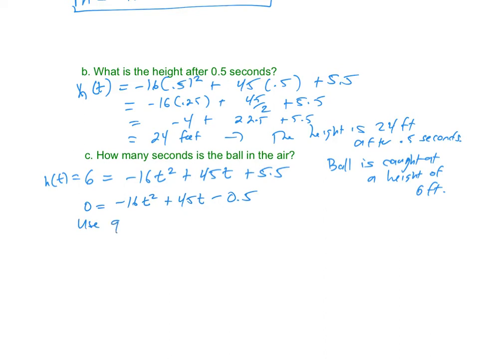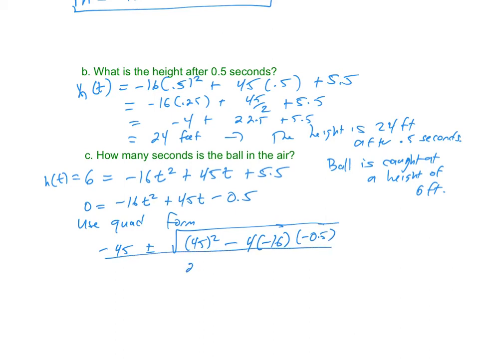So I'm going to use the quadratic formula. And so I'm going to start doing that now. So we're going to say negative b, so negative 45, plus or minus the square root of b squared. So that's 45 squared minus 4 times a, which is negative 16, times c, which is negative 0.5, all over 2a, which is 2 times negative 16.